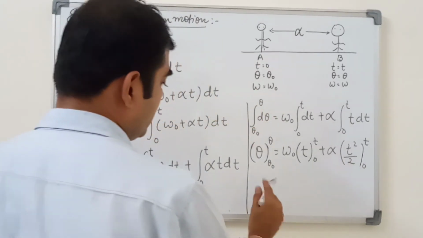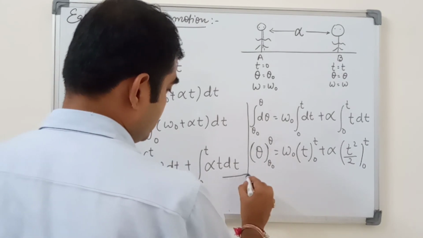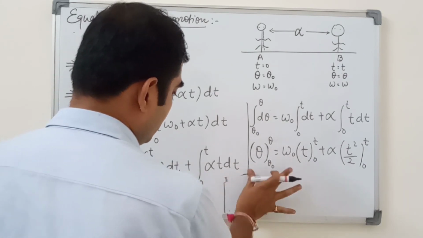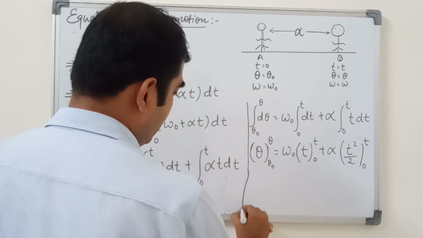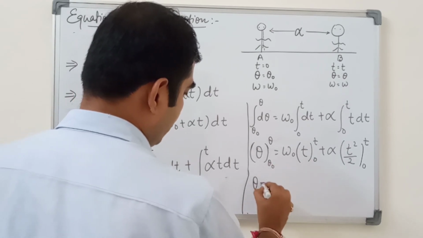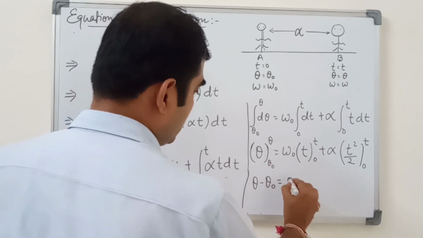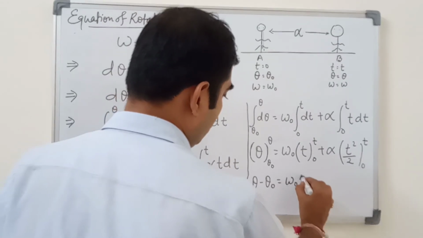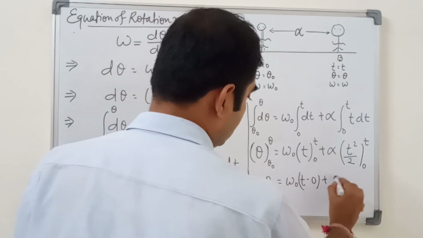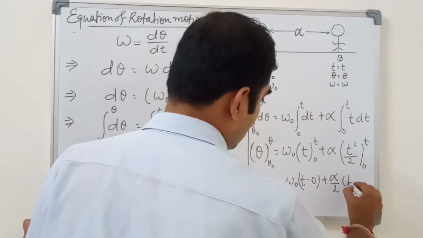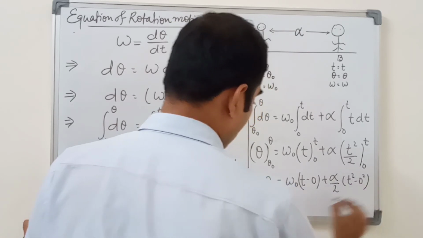First of all put the values, it means the upper limit and lower limit. So theta minus theta naught is equal to omega naught t minus 0, plus alpha by 2 times t square minus 0 square.